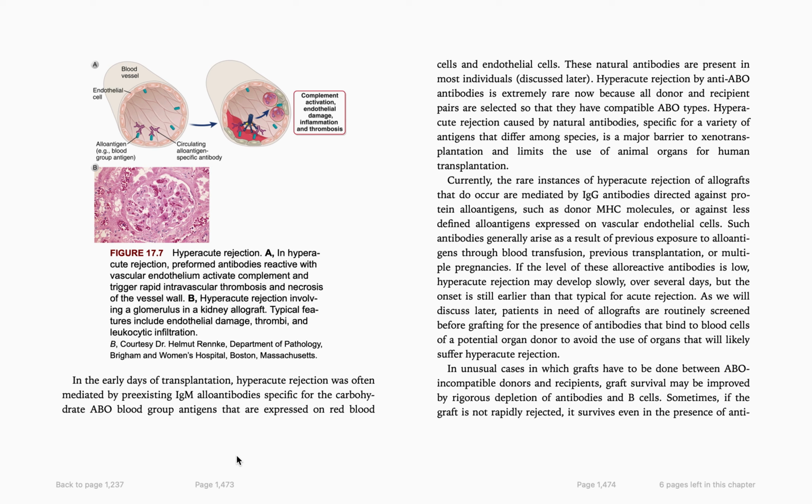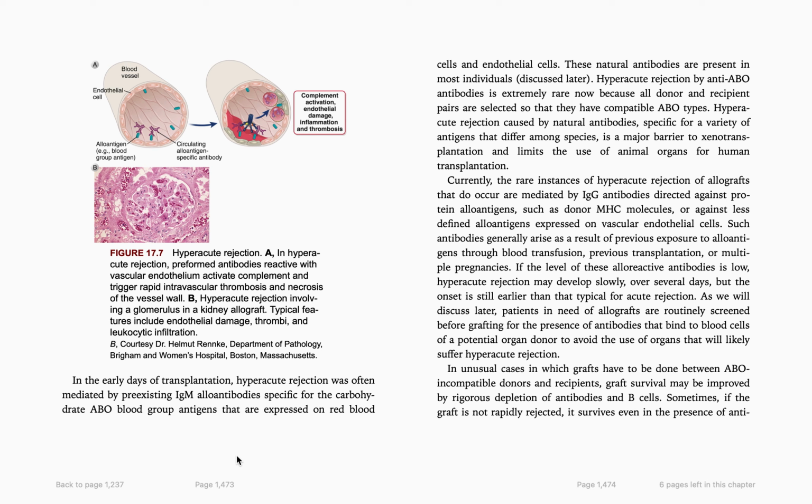Hyperacute rejection by anti-ABO antibody is extremely rare now because all donor and recipient pairs are selected so that they have compatible ABO types. Hyperacute rejection caused by natural antibodies specific for a variety of antigens that differ among species is a major barrier to xenotransplantation and limits the use of animal organs for human transplantation.